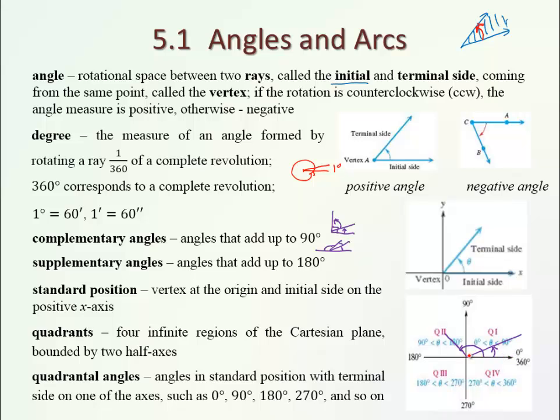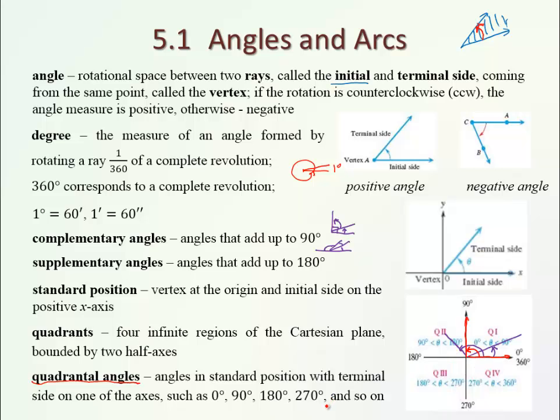If the terminal side of an angle is exactly on the x or y axis, for example, such an angle, which is 90 degrees, is called a quadrantal angle. Therefore, quadrantal angles are 0, 90, 180, 270, and so on, because we can actually rotate the angle more than 360.